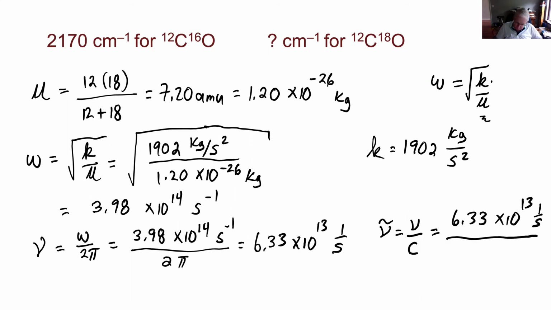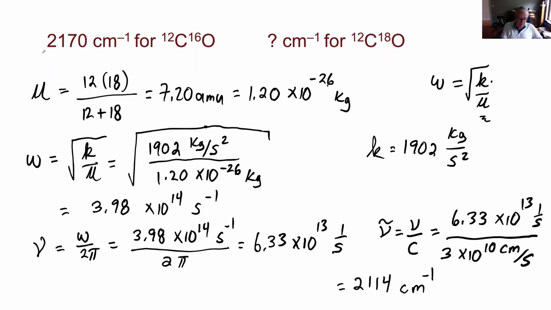Speed of light, I'm going to put in again as 3 times 10 to the 10th, so that it's in centimeters per second. If I do that, I'm making sure that I end up on 1 over centimeters rather than 1 over meters. Right? I could get to 1 over meters, then I could convert as long as I'm careful with the units. If I divide that out, just to finish up, it looks like I get about 2114 centimeters to the -1 as the wave number for the isotopically substituted molecule.